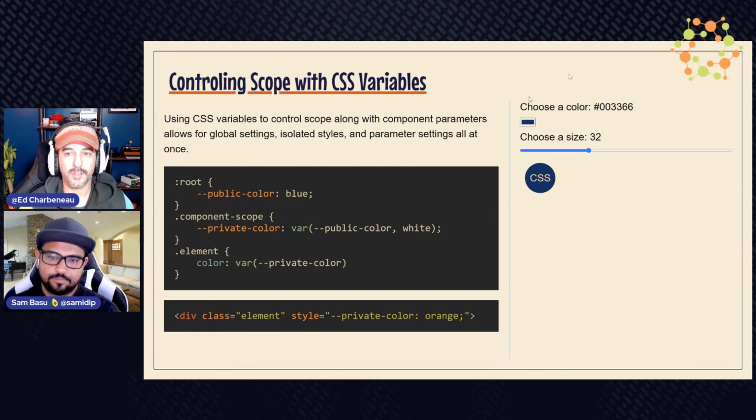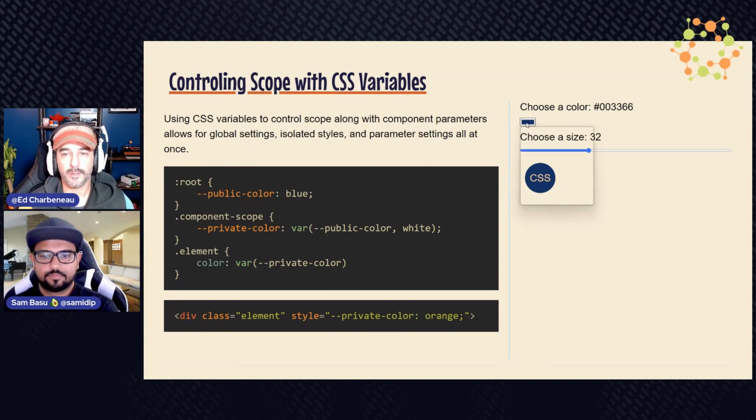So what I have here is a component that is taking the style attribute, and I'm using a variable called private color. It's also going to do some other things as we change this, but it's going to take that and set it inline. So only this component is receiving that style, and it's doing it at runtime.